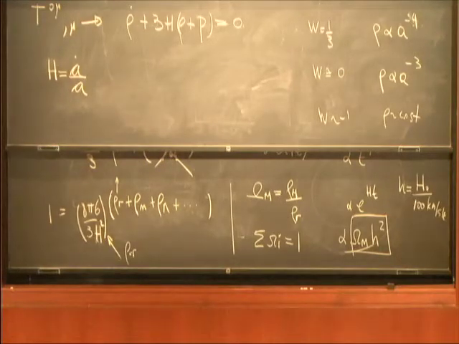Okay, so good. The other thing that I wanted to do, and you've already done this in the other situation, is just introduce conformal time as you did in the previous lectures.